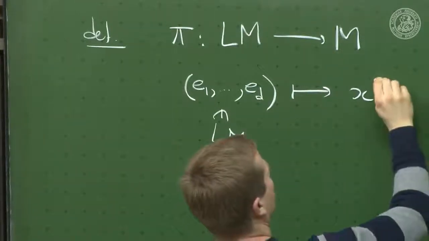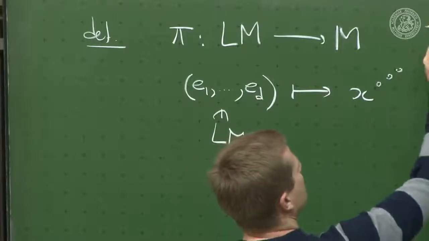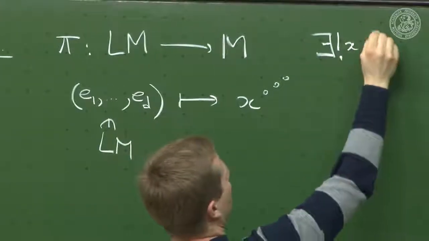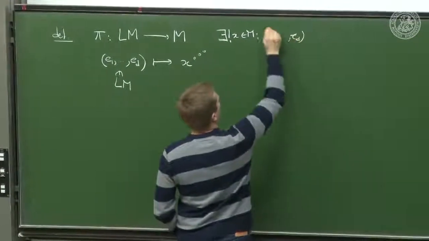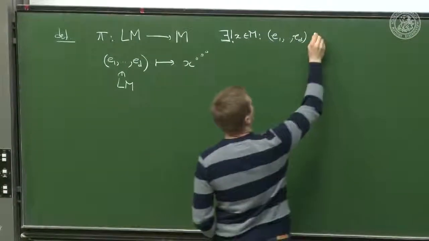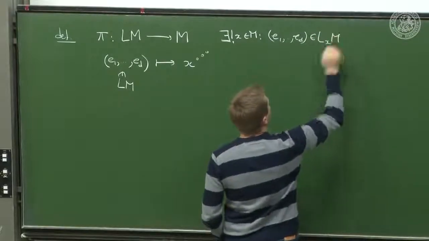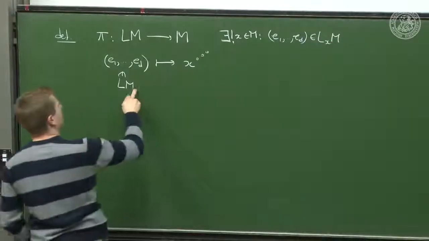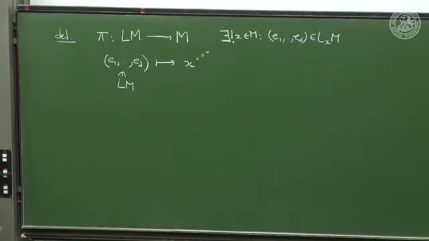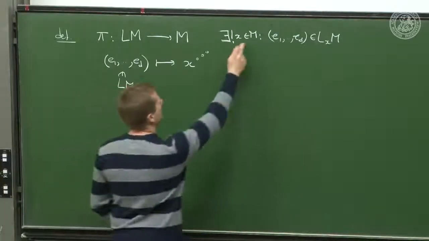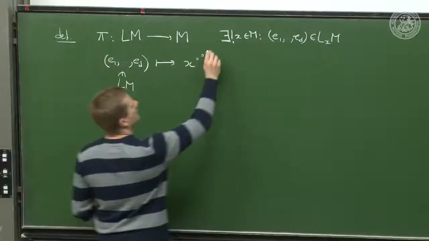The point is there exists a unique x in M for which E1 to ED, the one you picked from the union, is an element of the LxM. Although this was from LM, it's in particular an element of LxM because this is a disjoint union. And that unique x you take.